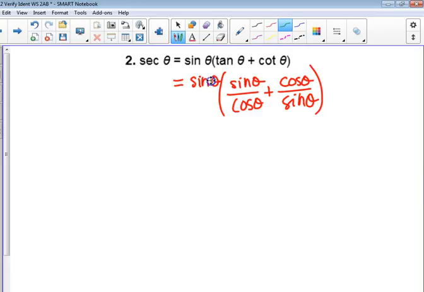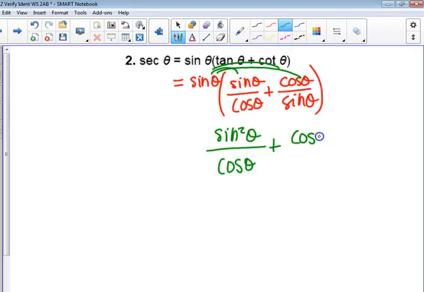Do you want to distribute or do you want to get a common denominator first? It's going to be the same number of steps either way. If we multiply, this will become sine squared, but still over cosine. Plus, what's going to happen back here? I got a cosine. I'm multiplying it by a sine, and it's over a sine.